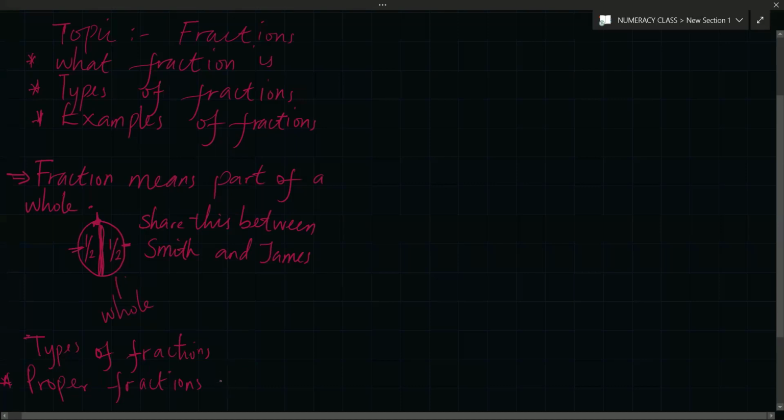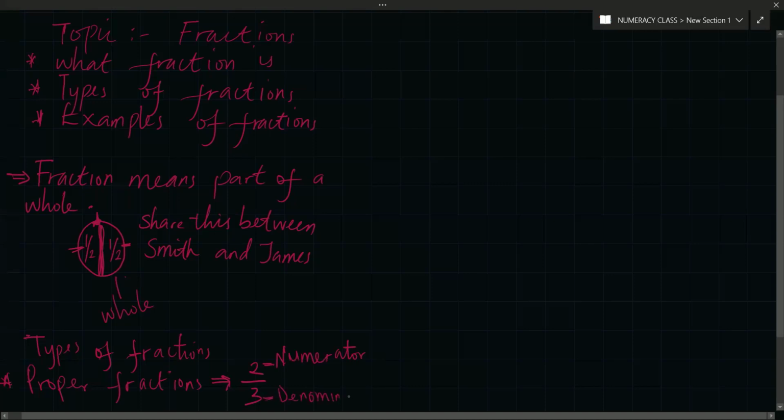For example, this is 2 out of 3. This is known as the numerator, and this is known as the denominator.